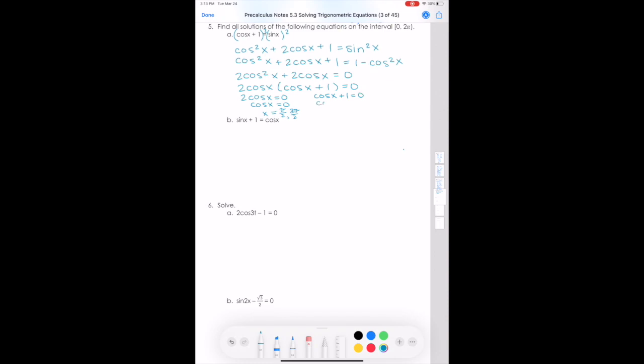And then when cosine x equals negative 1, that is when x equals pi. Right, since I'm just in the interval 0 to 2 pi, I don't have to put that plus 2 pi in. All right, same thing for letter B.